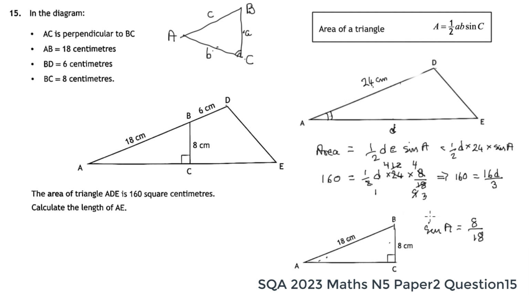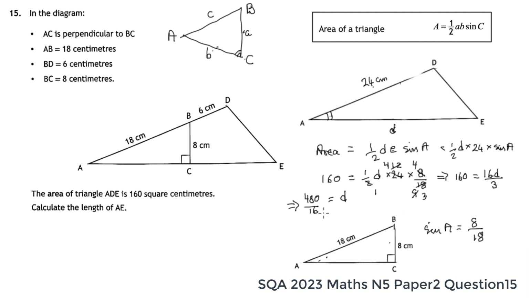Let's multiply both sides by 3. That's 480. You can check that in your calculator. And that 3 will go. And also let's divide both sides by 16, leaving you d on its own. So we've got 480 divided by 16.